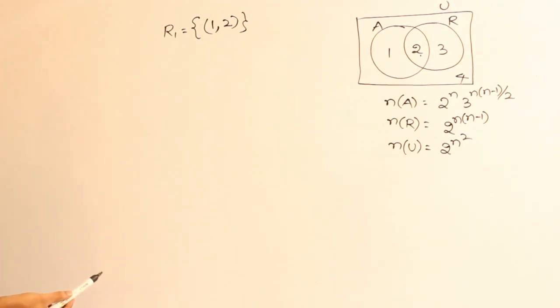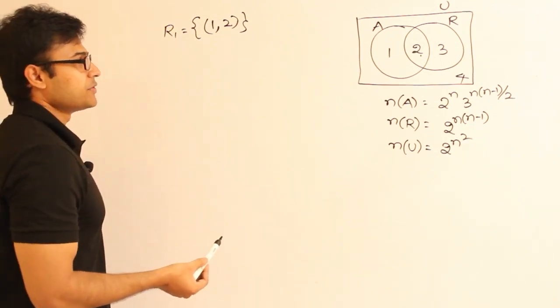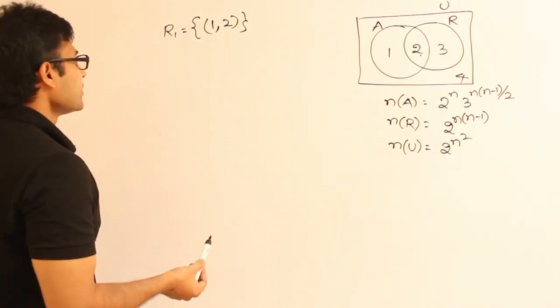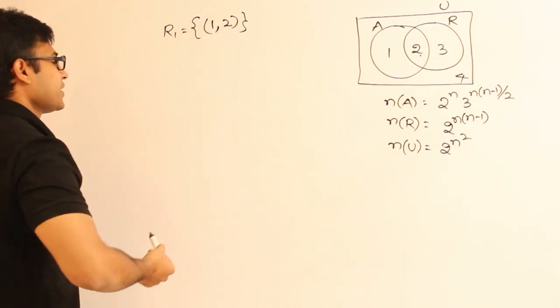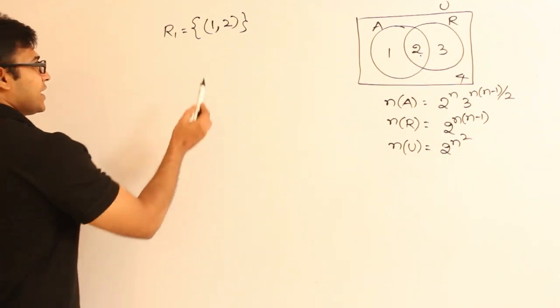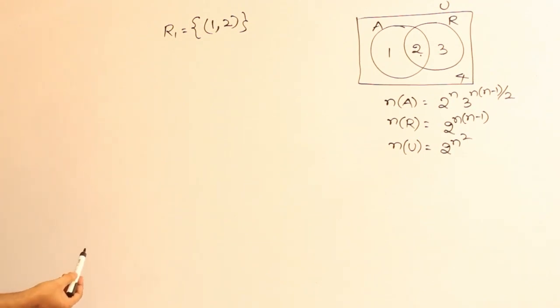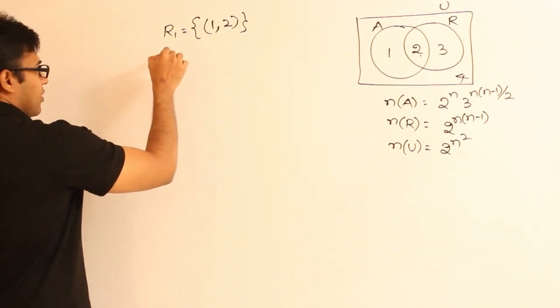If you take the empty set, it is antisymmetric but not reflexive because it does not contain all the diagonal elements. 1 comma 2 also will do, because it does not contain all the diagonal elements, therefore it is not reflexive, but it is antisymmetric because it has only x comma y but not y comma x. Got it? Now what about R2?